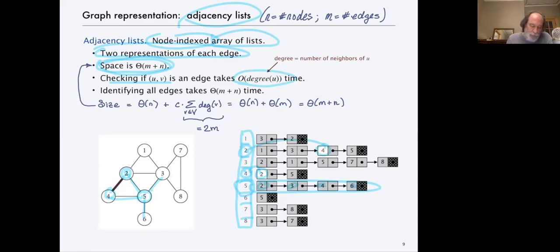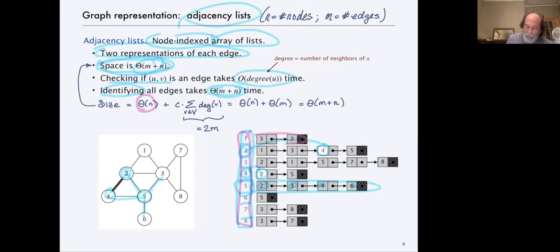Okay. Enumerating all edges requires how much time? Time to run down all the lists, okay, which we claim is theta of m plus n, same as the space. And why is that? Well, for the array, we need theta of n space, some constant times the number of vertices, right?